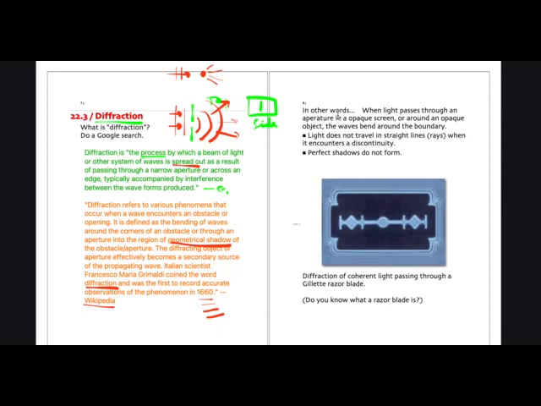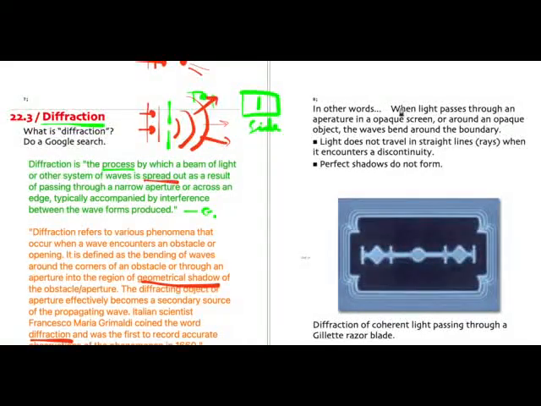All right, so here's in my own words. In other words, when light passes through an aperture in an opaque screen, or around an opaque object, the waves bend around the boundary. The edges cause the waves to bend. In other words, light does not travel in straight lines, as in geometrical optics, rays, when it encounters a discontinuity.